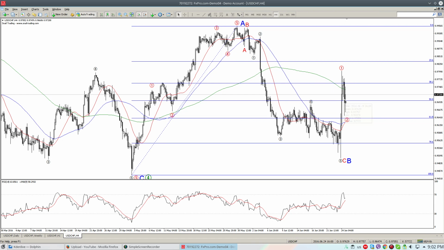But again, we see how large lower wicks are created here with every attempt to move lower, which, together with the 14 period RSI here, which is very positively directed, suggests that higher prices will follow from here.